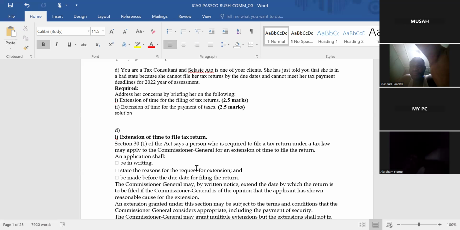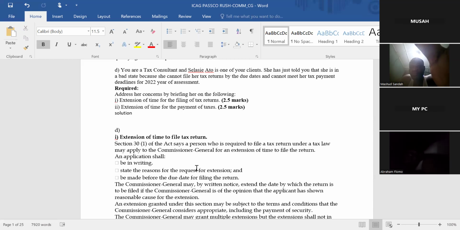No, that's not what the law says. The law says that before the deadline, you are supposed to write to the Commissioner General asking for extension of time for the filing of the returns. You write formally, and this must be in writing. And you state precisely the reason for the extension.